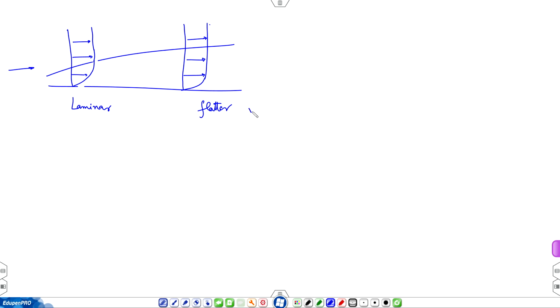Flatter. And this is the turbulent part of the boundary layer.